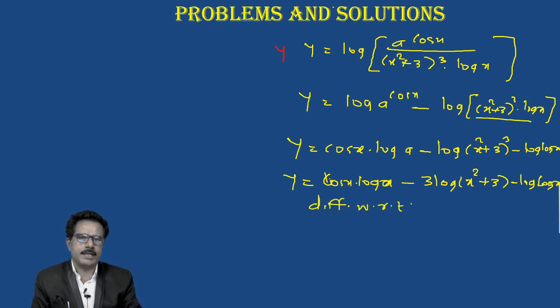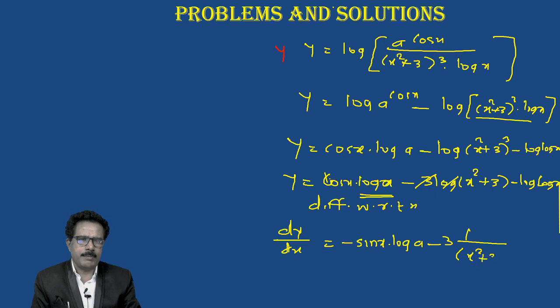Therefore, differentiating with respect to x, dy by dx equals, this log a is a constant coefficient, derivative of cos is minus sin x into log a, minus this 3 is a constant coefficient, derivative of log is 1 upon x square plus 3 into again derivative of x square is 2x, and derivative of log x is 1 upon log x into again the derivative of log x, 1 by x.